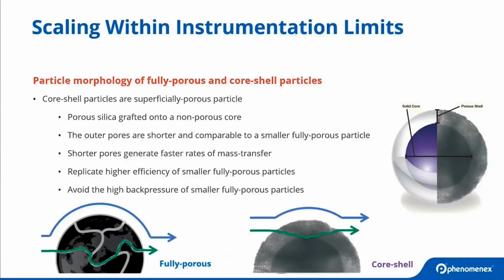Those shorter pore pathways generate faster rates of mass transfer so as to ultimately generate sharper peaks, and yet we accomplish this without having to resort to smaller particles, thus preventing any increases in back pressure.